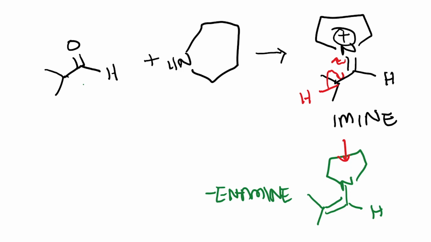But you can generate imines and enamines by using a carbonyl compound and the corresponding primary or secondary amine. When you use a primary amine, you end up getting a mixture of both the imine and enamine, and generally speaking, the imines in this case are more stable. But when you use a secondary amine such as pyrrolidine, the major product that you would end up getting is the enamine. So with this background, I think we can now move on to some of the reactions of enols and enolates.